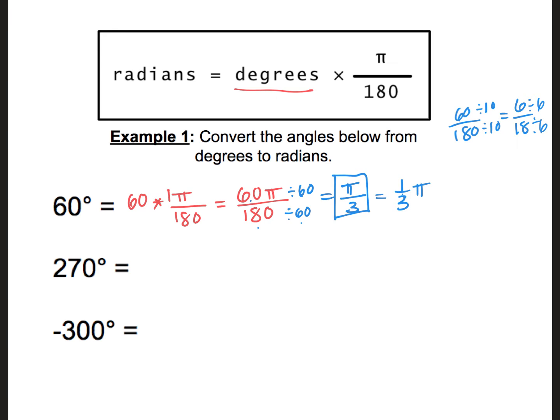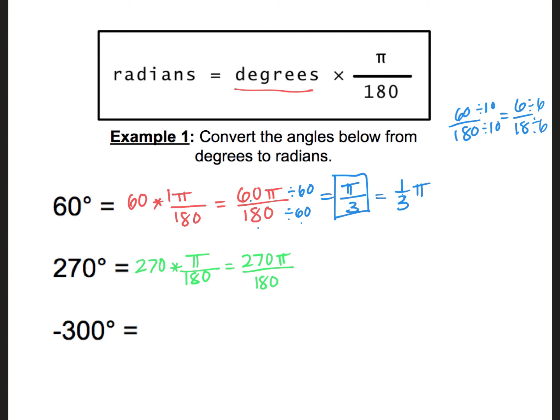All right, your next one, 270. So we have 270. We're going to multiply it by pi over 180. When I do that, we get 270 pi over 180. And I'm looking for, again, a number I can divide 270 and 180 by.